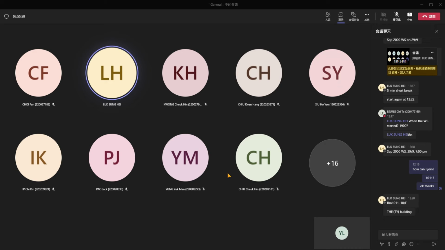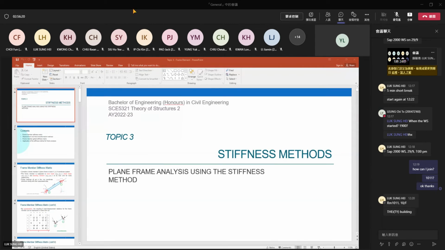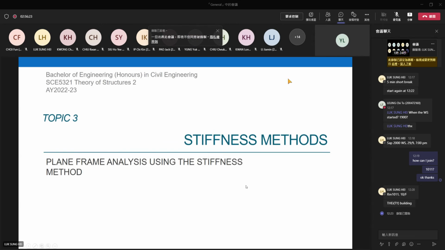Now, we still have some time. Let us talk about frame analysis. Topic 3. Actually, we keep using the stiffness method, but we extend our problems to not beam, but frame. In topic 3, I will go faster because the concepts are the same, no difference. We keep using the same approach, the stiffness method. Topic 3, plane frame. Plane frame means 2D frame.